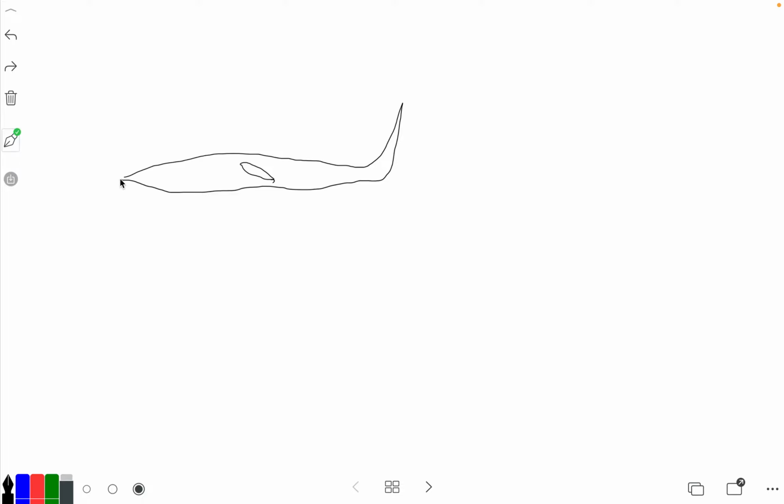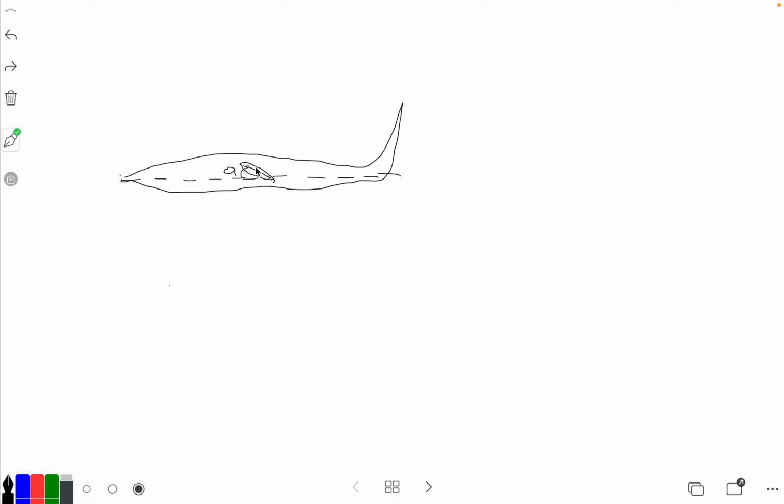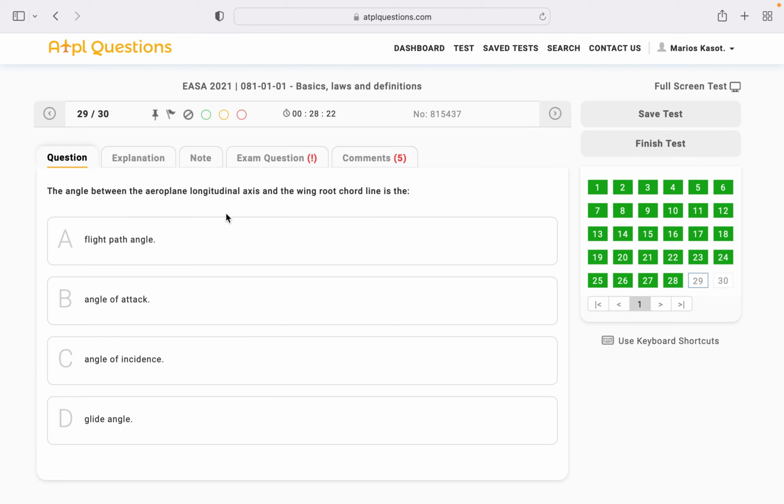This is the longitudinal axis line. And this angle at the root is called angle of incidence. The line between the longitudinal axis and the wing root chord line, angle of incidence.